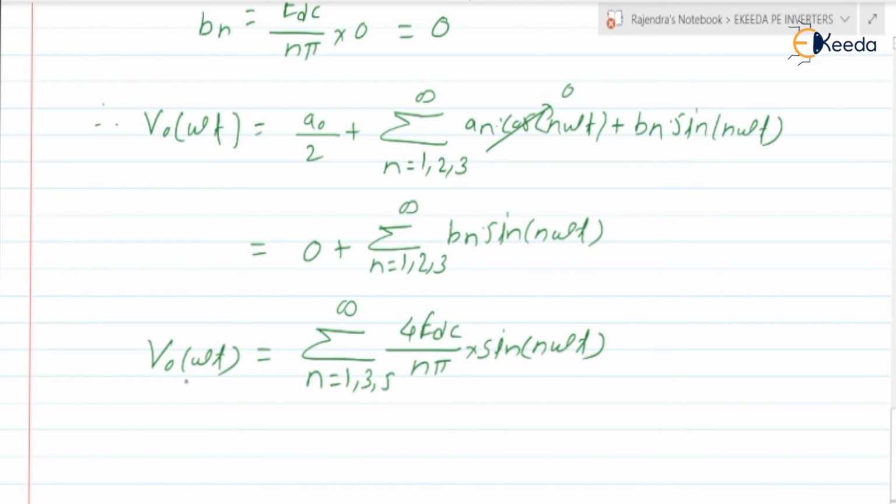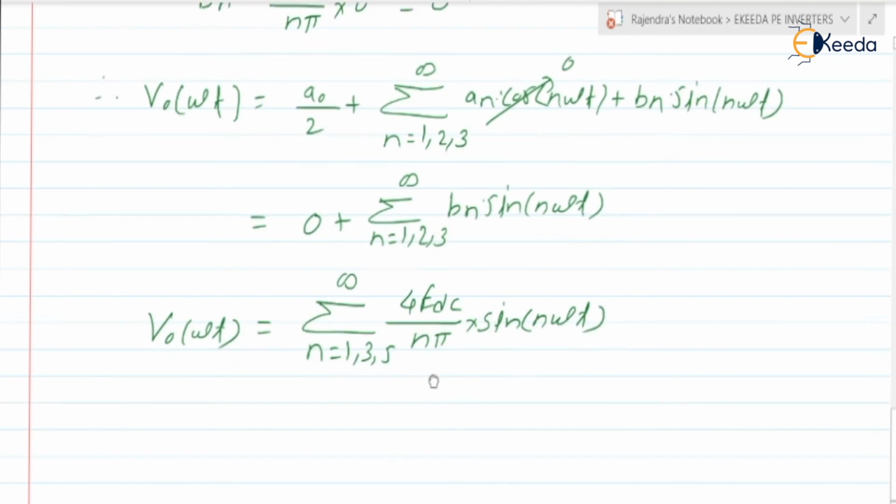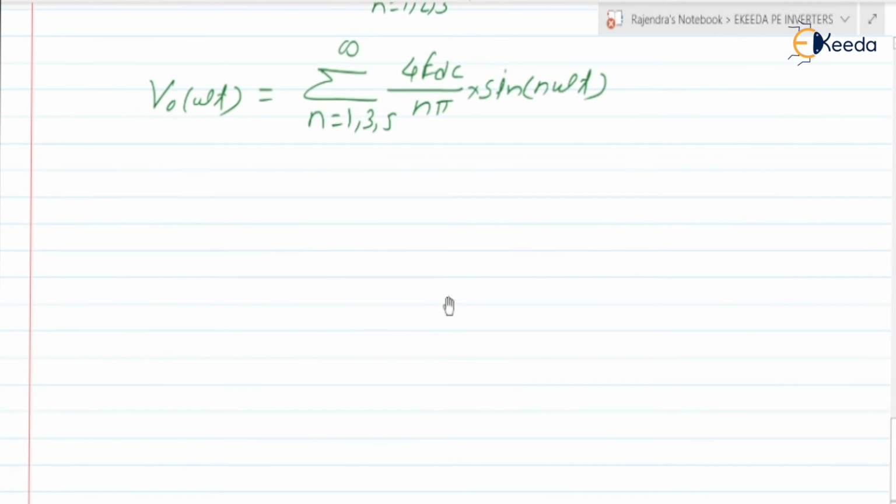Is that clear? So this is nothing but the Fourier series expression of the v0 waveform we have drawn, the output voltage of the single phase full bridge inverter with purely resistive load. If this is v0 of omega t, what is the i0 of omega t?